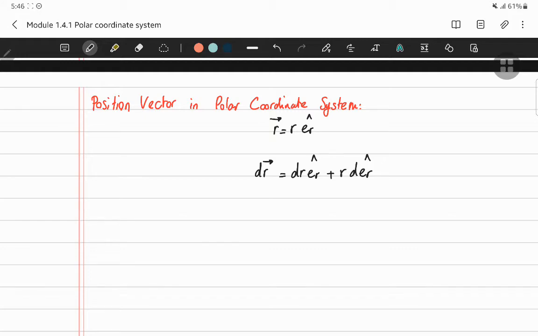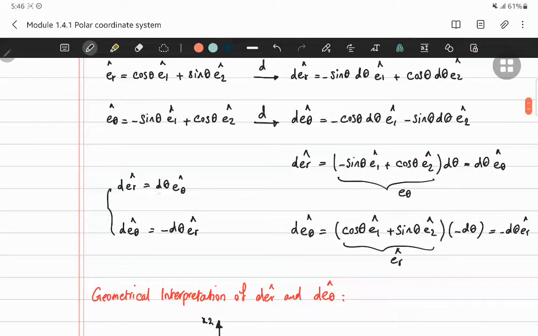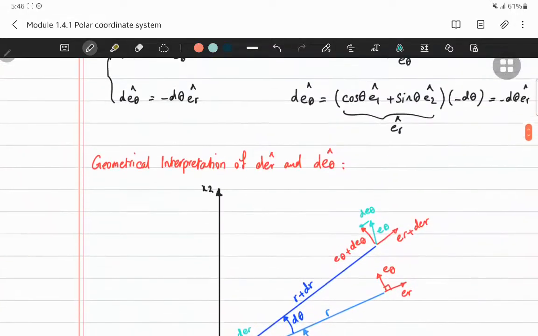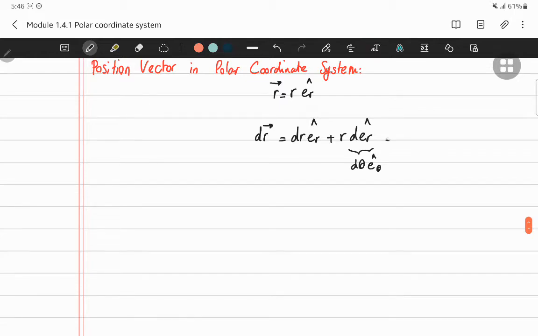So we have this, and if we just substitute this d er from here, d er is d theta e theta. So this is dr er plus r d theta e theta.